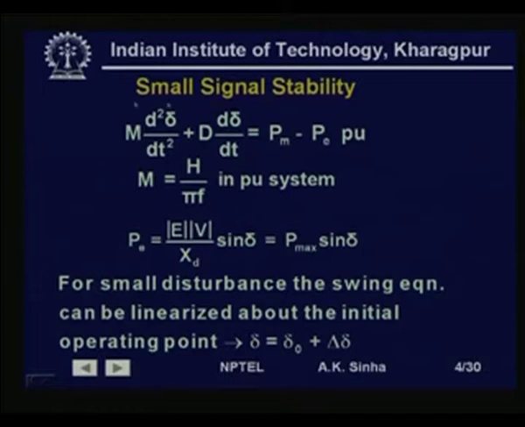So, what we are saying is we are linearizing this expression for the dynamics of the synchronous machine about the operating point delta 0, and we are considering small perturbations, that is the change in delta, delta delta, is small, and therefore, we will use the linear relationship. So, let us see how we linearize this swing equation for the synchronous machine.